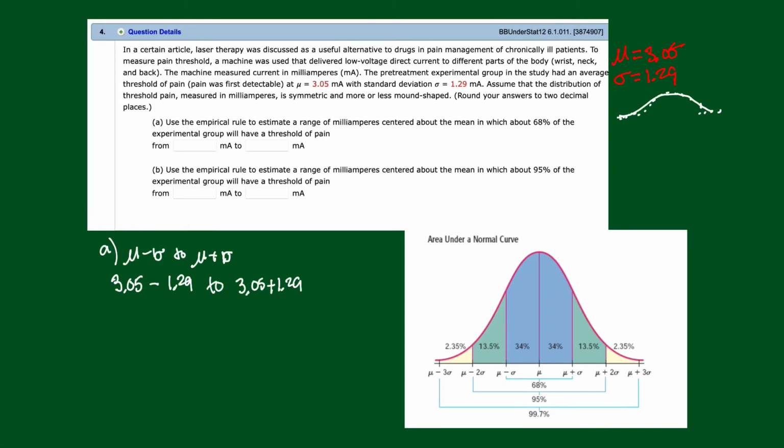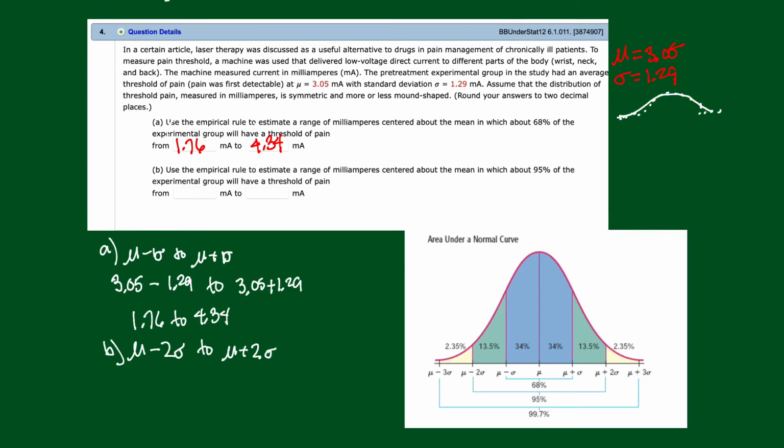My calculator shows we're going from 1.76 to 4.34. We're supposed to put these answers up here, so we go from 1.76 to 4.34.